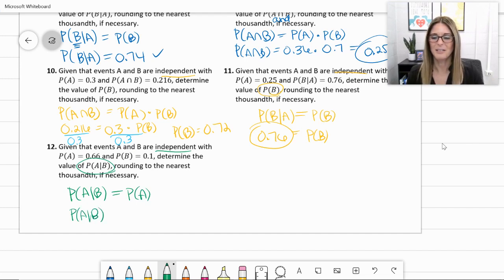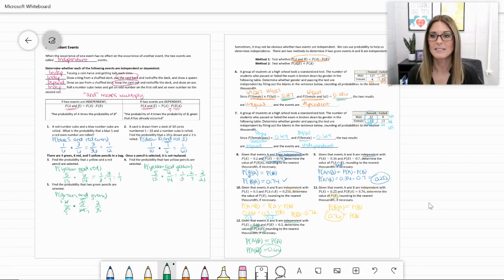If I'm looking for the probability of A given B, they already told me that A was 66 hundredths. So we are done there. You can see from those last examples, there's tons of variation there. They can use the intersection symbol or use the word and. They can mix up and rearrange those conditional probabilities, the probability of A given B or the probability of B given A. So just watch out, take it slow.